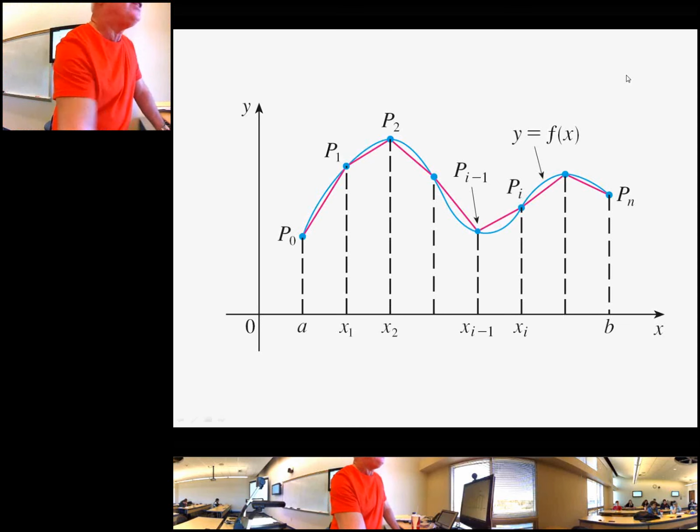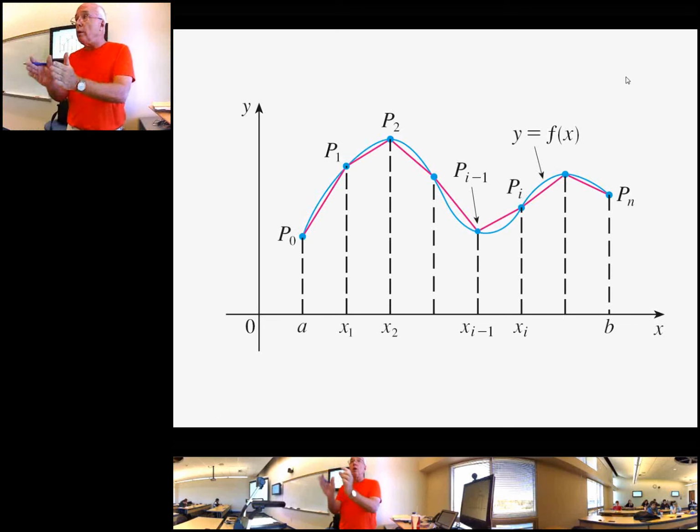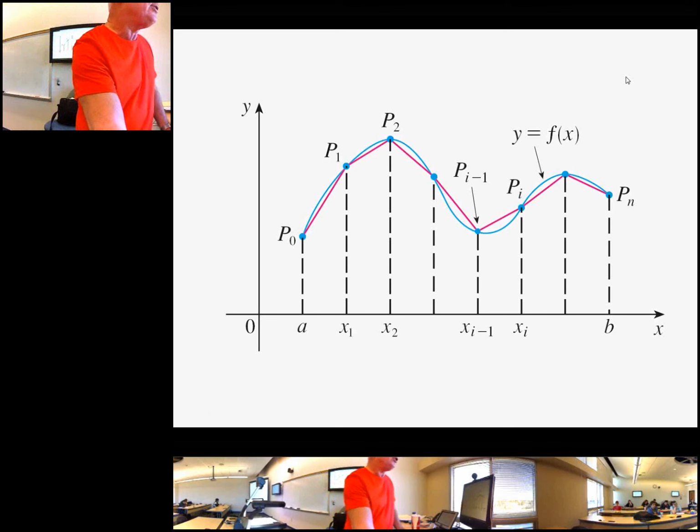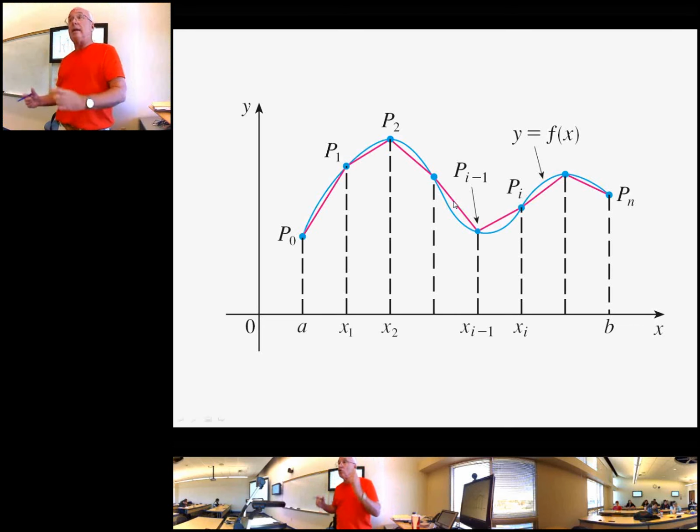What we do then is keep creating more and more of these points along the x-axis, equally distant from each other, to get a better and better approximation of the length of the curve. The length of the curve is ultimately going to be the limit of the sum of the lengths of these straight lines.